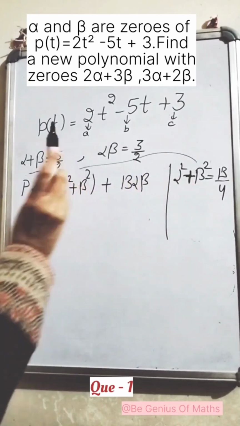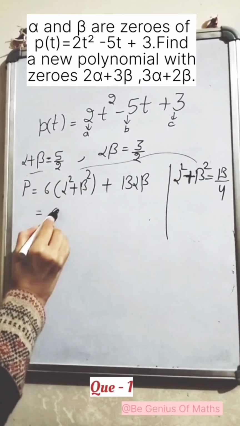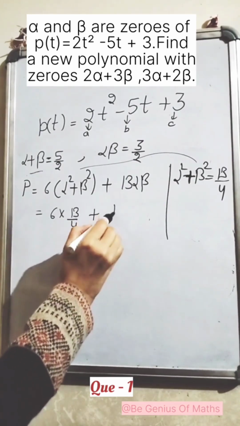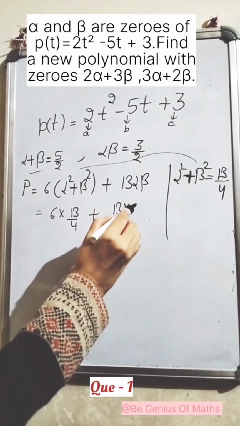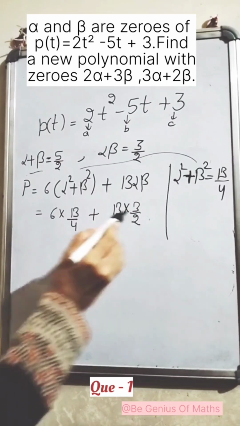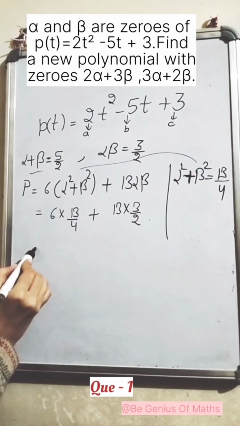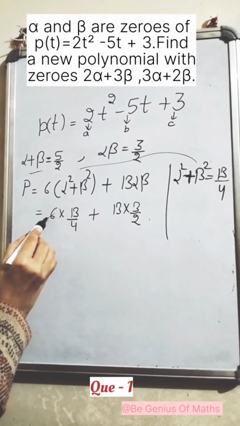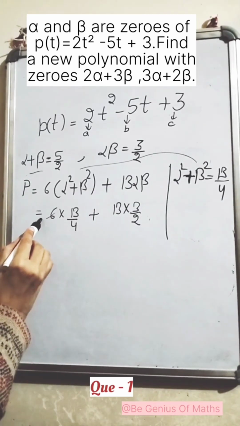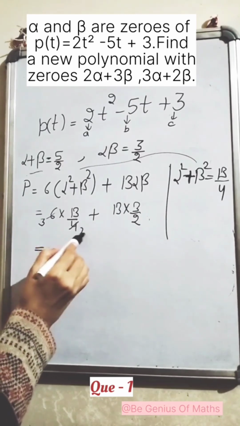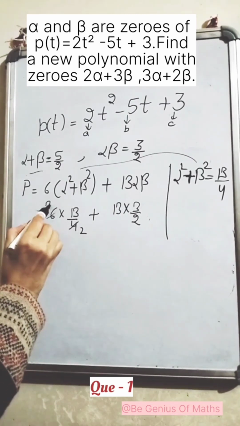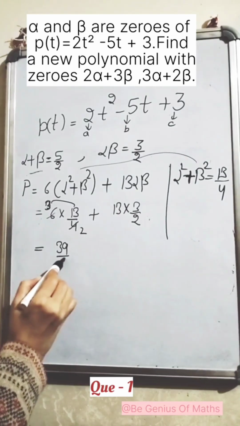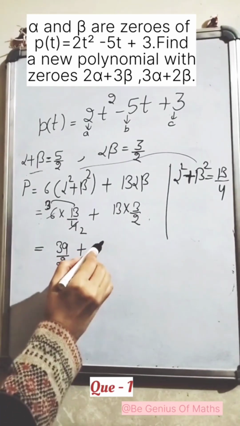Now we will use the value of alpha square plus beta square in this product to find it. 6 into 13 by 4, which is the value of alpha square plus beta square, and the value of alpha into beta is 3 by 2. By cutting with 2, 2 3s are 6, 2 2s are 4. It becomes 39 by 2 plus 39 by 2.